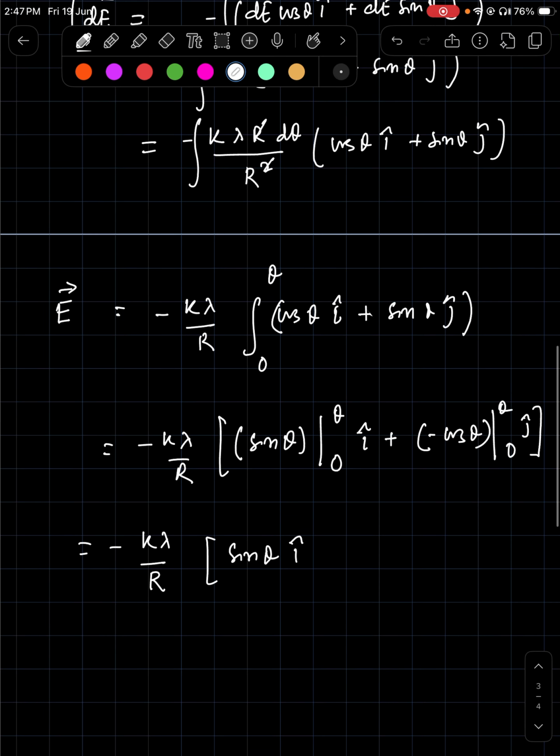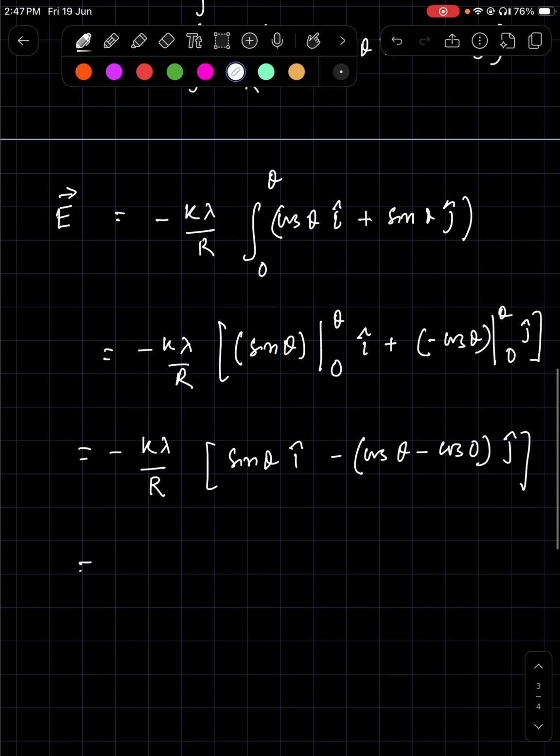And here it is very easy to see that it is minus cos theta minus cos 0, j cap. And cos 0 is 1, so it becomes cos theta minus 1 into j cap.